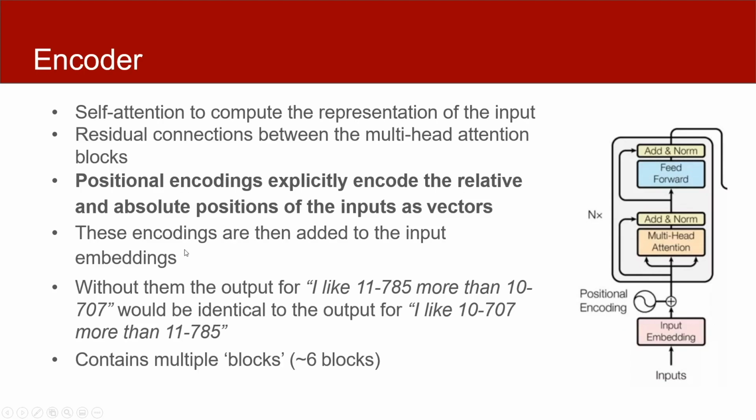Without these positional encodings, a sentence like I like 11.785 more than 10.707 will be identical to the output for I like 10.707 more than 11.785. So we don't want that to happen. And then finally, this block of transformer encoder is repeated 6 times.